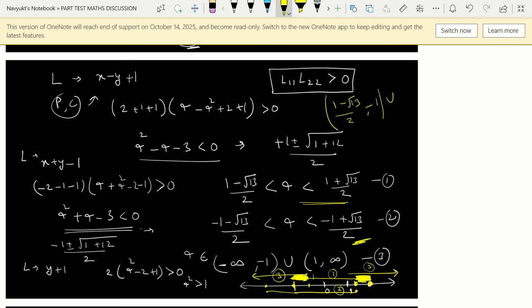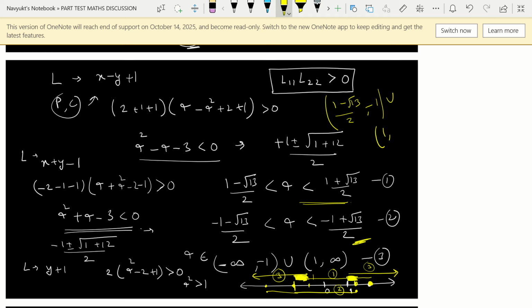This union with our 1, and which other point? No, 1 is not this. No, 1 is this. Yeah. Actually, I've marked this wrongly. This won't be here. This would be here. This would be just a small point. This zone. So still here to here. Only this zone. So this would be from 1 to this point, which is the ending point of zone 2.